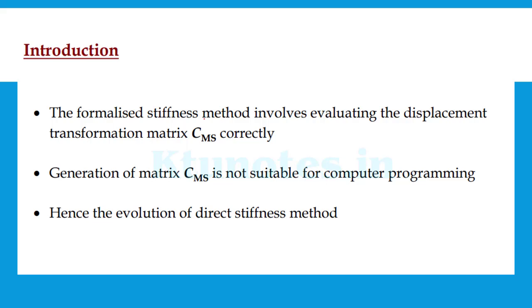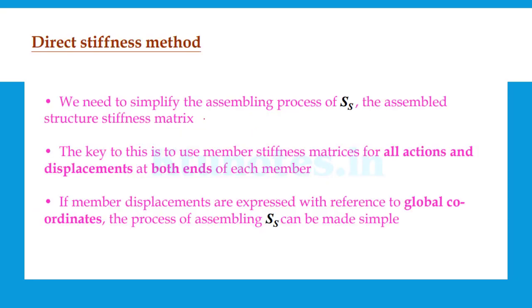The formalized stiffness method involves evaluating the displacement transformation matrix CMS correctly. So our aim is to find the CMS, and generation of the matrix CMS is not suitable for programming. Hence we have evolved the direct stiffness method, which has the correlation between the local coordinate and the global coordinate.